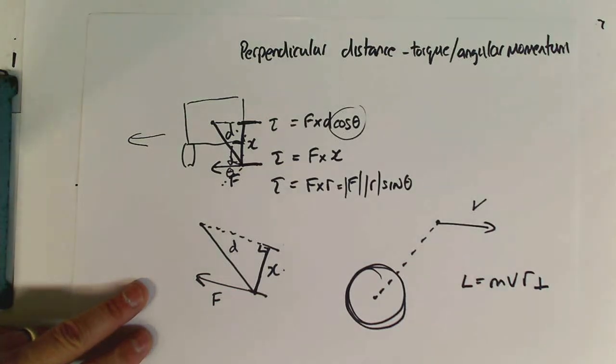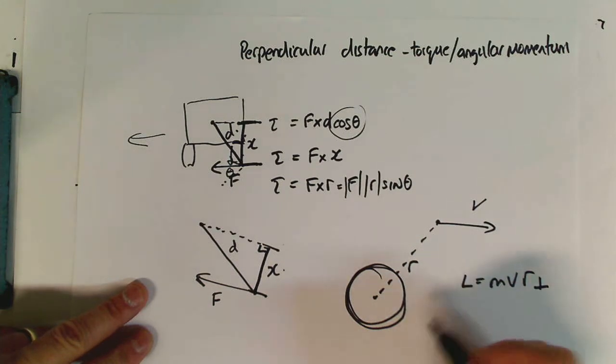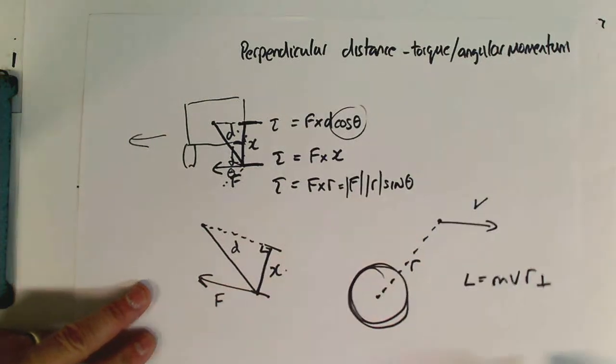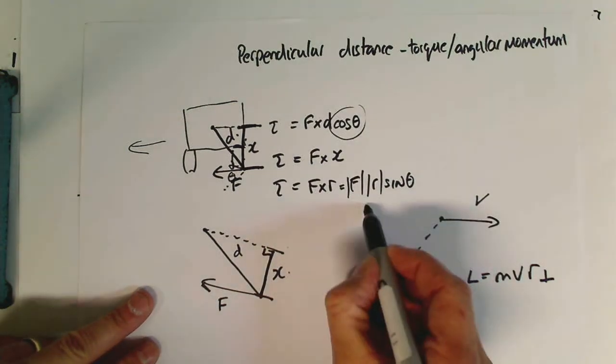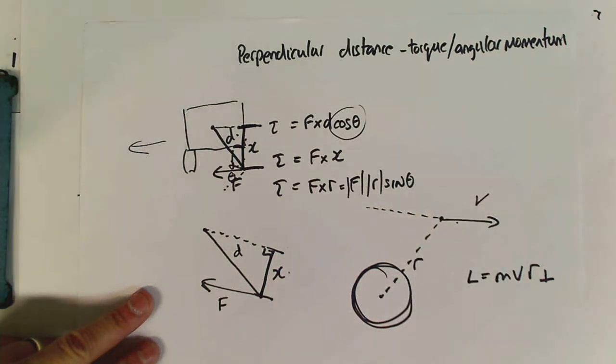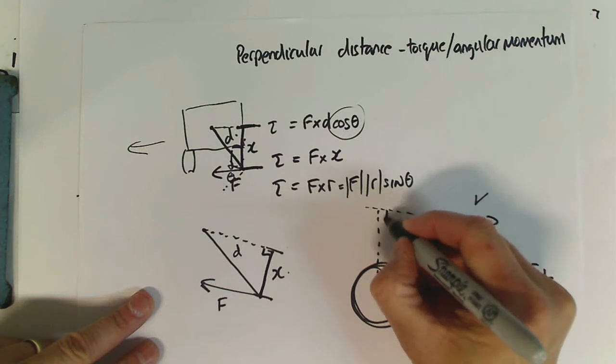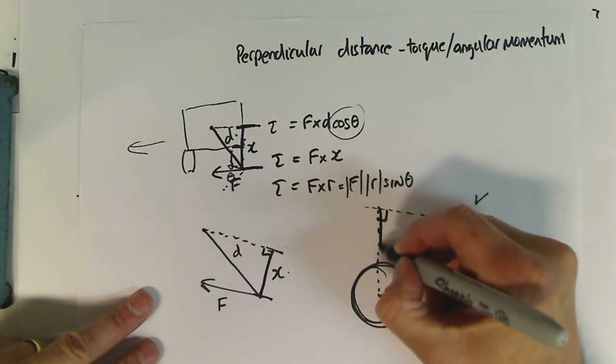Normally we would just do vr, r is just the distance, and again the vector mathematics, the cross product, will take care of everything. But since we don't do that, we can just extend back from our velocity vector until we've got right angles, and then our distance becomes this one.